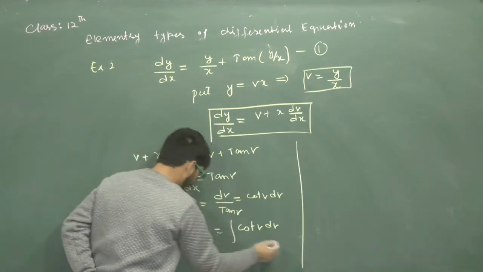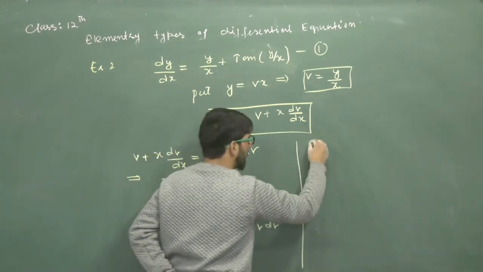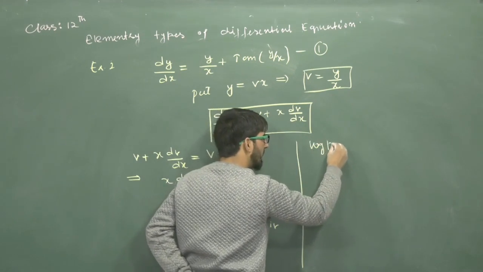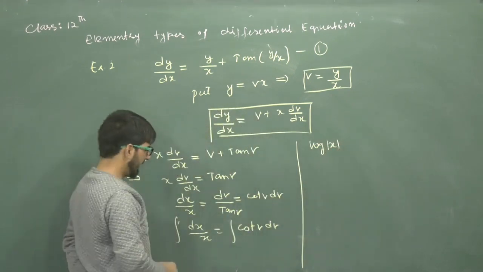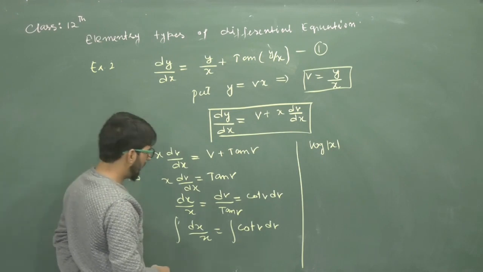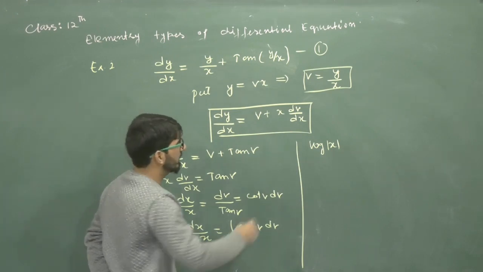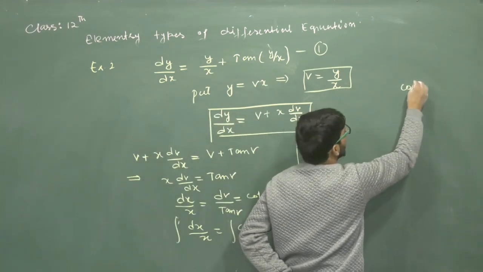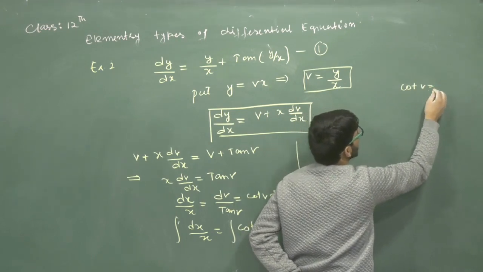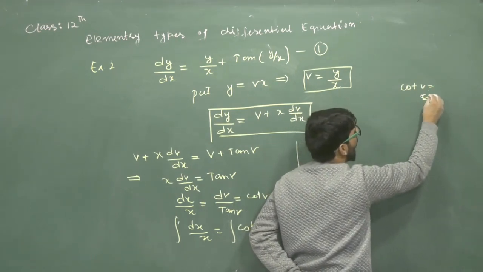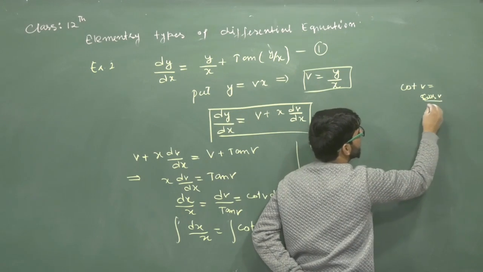As we know, integral of dx by x is log of modulus of x, and integral of cot v is log of sin v, because cot v can be written as cos v divided by sin v.